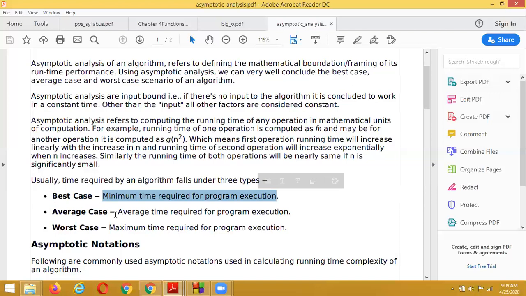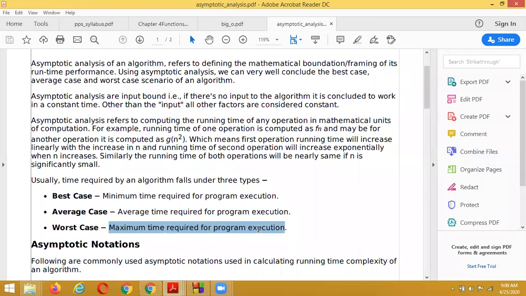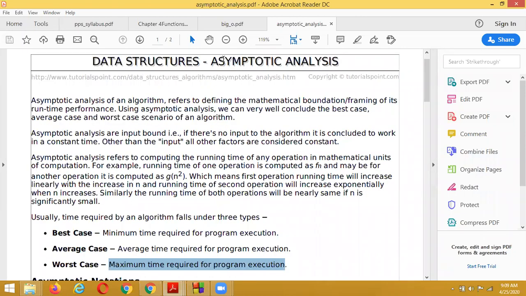Average case means the average time required for the program execution. And the worst case means the maximum time required for the program execution.